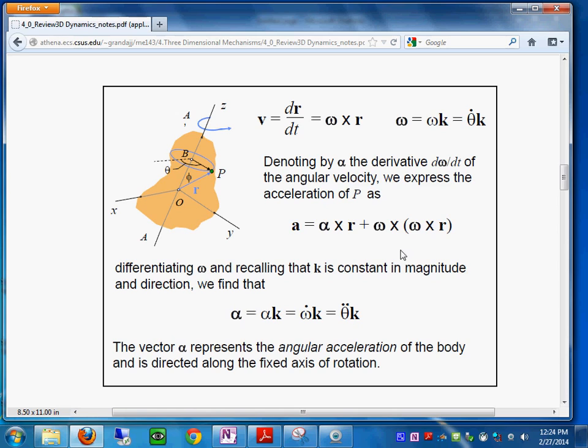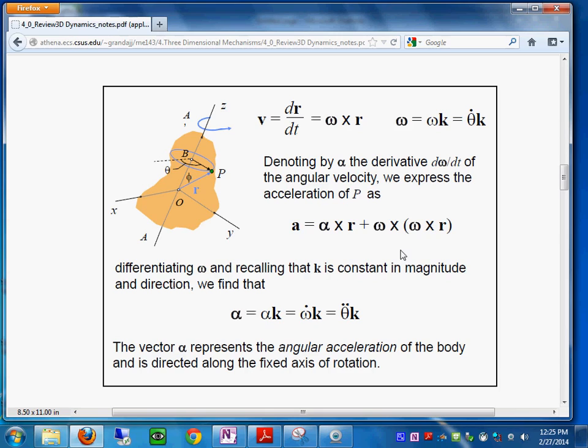Can you go from that expression that says velocity equals omega cross R to the other one that says that A is the tangential acceleration, alpha cross R, plus omega cross R, which would be the normal acceleration? So, any questions about this?